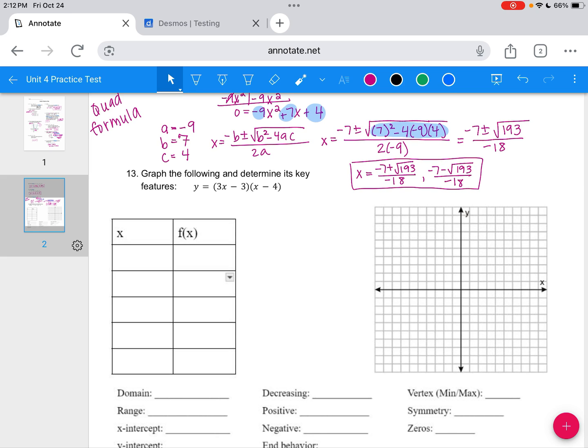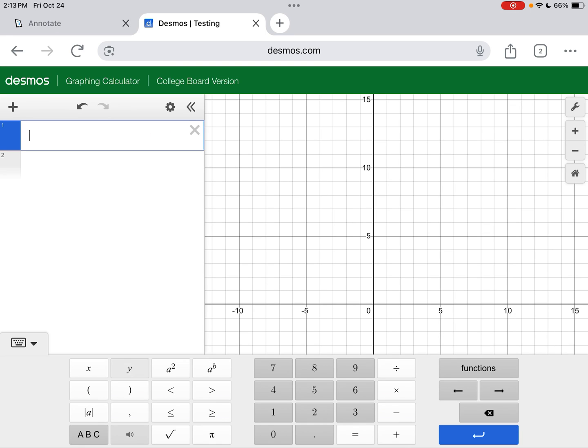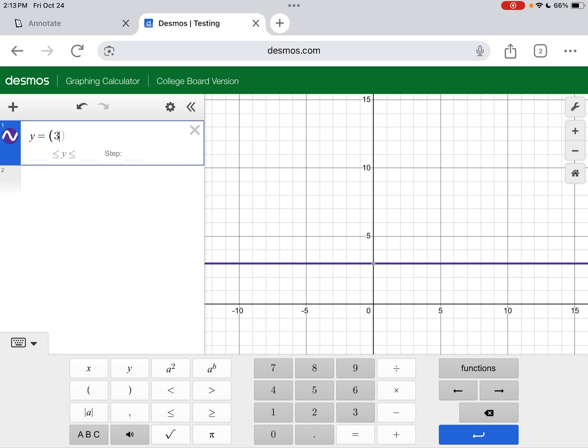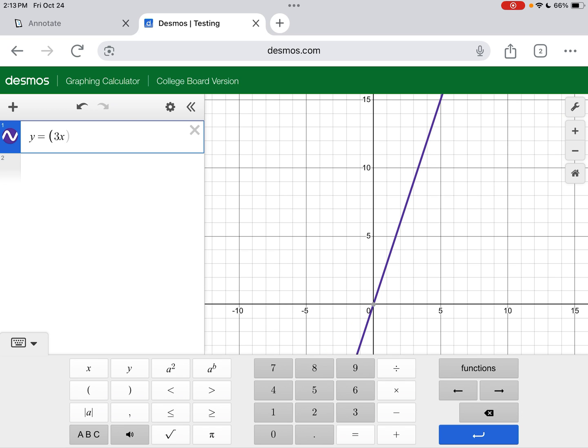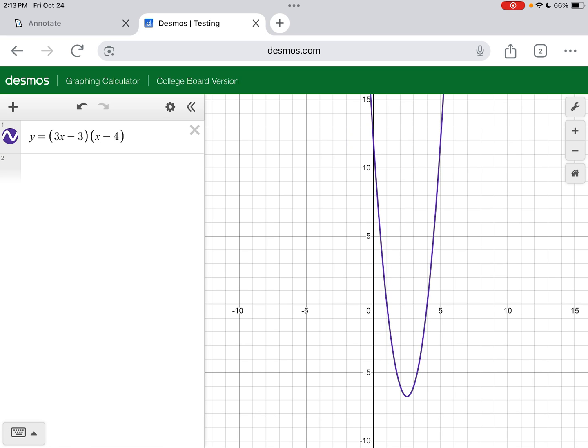Okay, I'm going to go ahead and graph this and then copy down some points. So y equals 3x minus 3 and x minus 4. So here are some points.